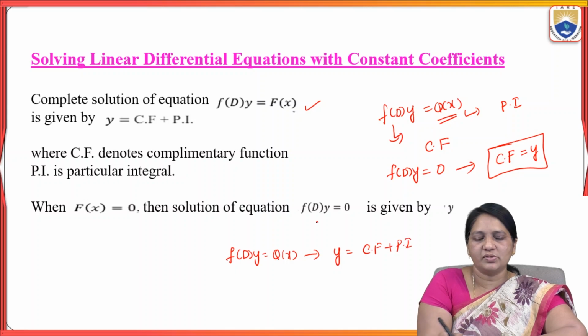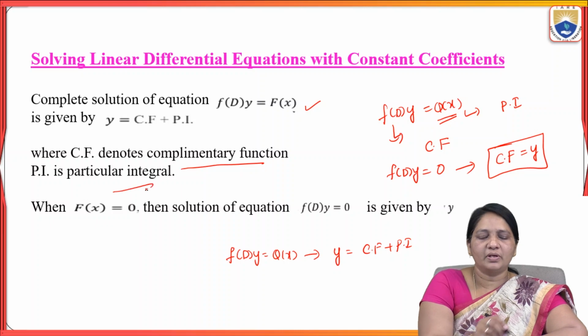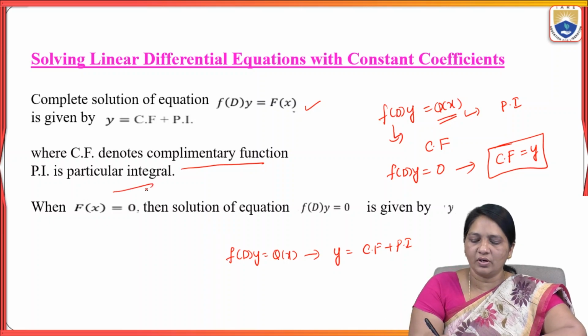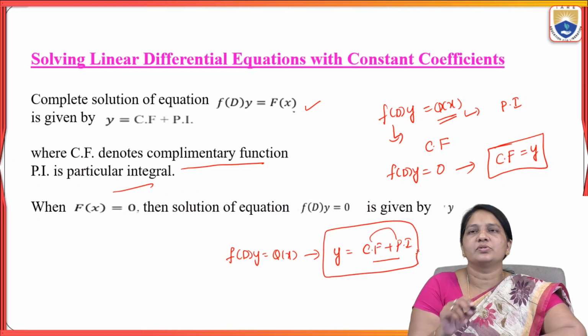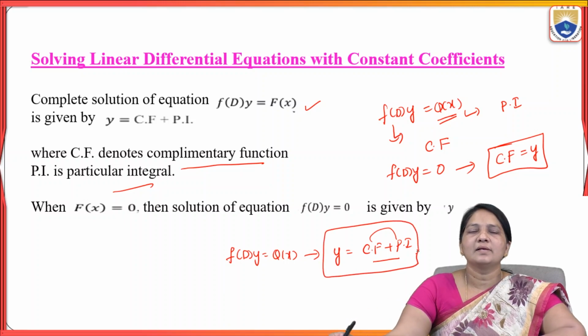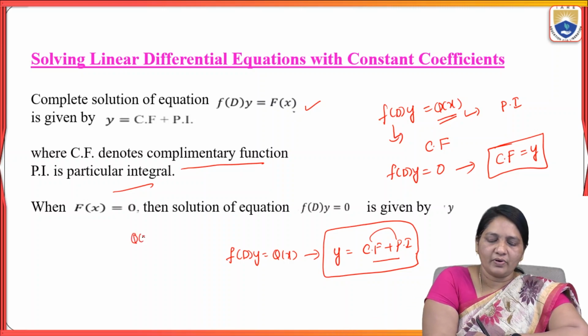CF means complementary function, and PI means particular integral. We have to calculate both values together to get the complete solution of the linear differential equation with constant coefficients.